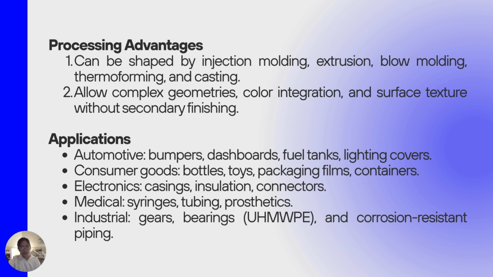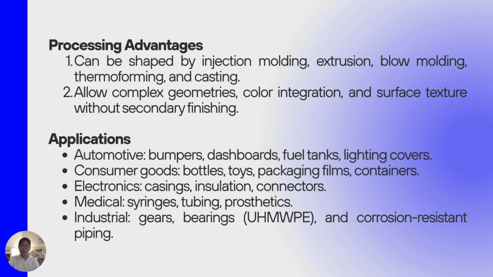They are virtually everywhere, from household goods to high-performance engineering parts. In the automotive industry, they're used for bumpers, dashboards, and fuel tanks because they reduce the vehicle's weight and improve efficiency. In packaging, polymers like polyethylene and polypropylene are ideal for films, bottles, and containers due to their flexibility and transparency.